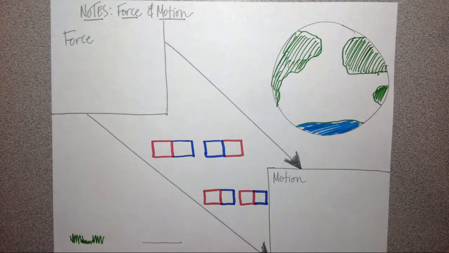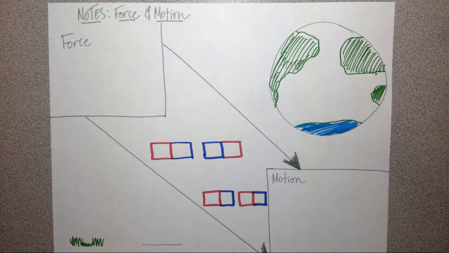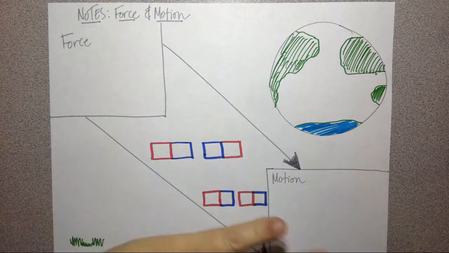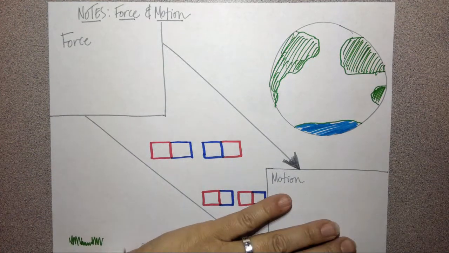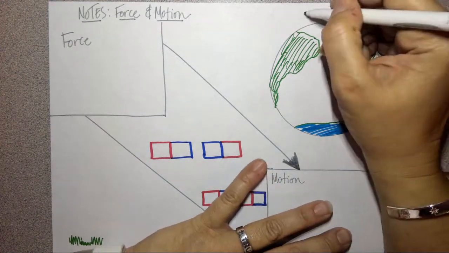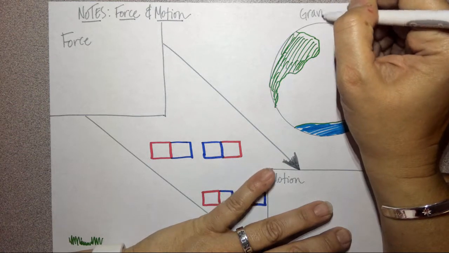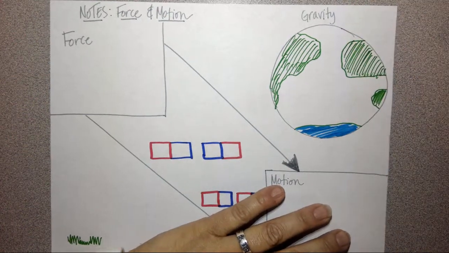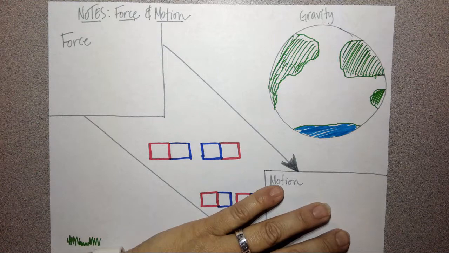So, we are going to be taking our notes on force and motion. You're probably going to hear Mr. Sisk's tutoring class back there, but that's okay. So, force and motion. When we were doing the ramp activity, we learned that gravity was the force making that ball fall, correct?